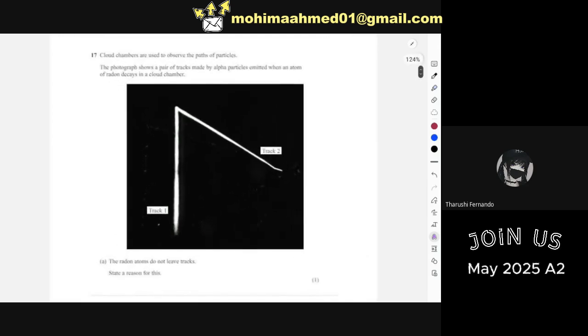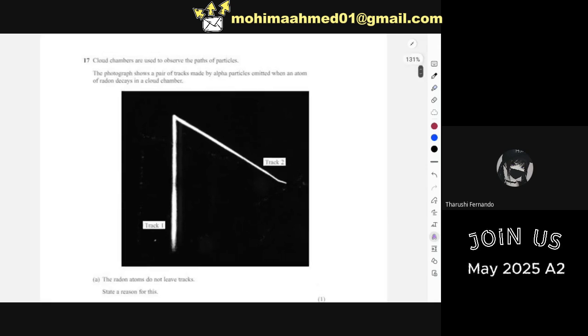Okay, let's start with this one because this one is extremely big and this is actually the toughest question on angular momentum so far. Part A is tough, part 2 is tough. Now, this is a concept from IGCSE physics, if you remember. There was a chapter on radioactivity, and in that chapter there was the concept of photographic film, where only charged particles like beta particles or alpha particles leave marks on the film. Similarly here, there's a cloud chamber.